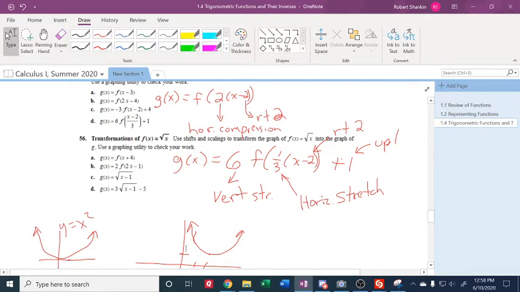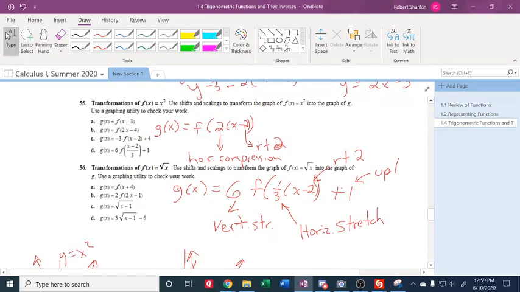Any other questions on 55? Is there an easier way to figure out if the line does a vertical stretch and a horizontal stretch? Like, can you distribute the 6 to figure out how far it stretches or compresses? Ah, okay. It depends on the function.